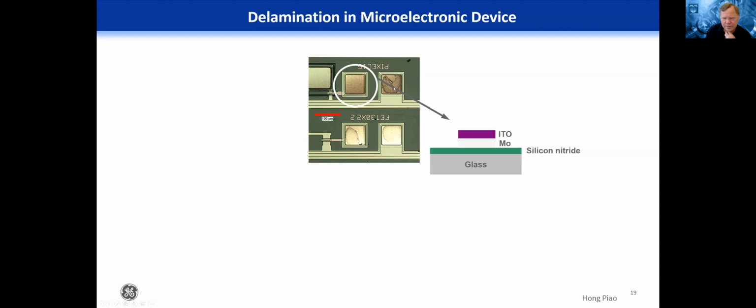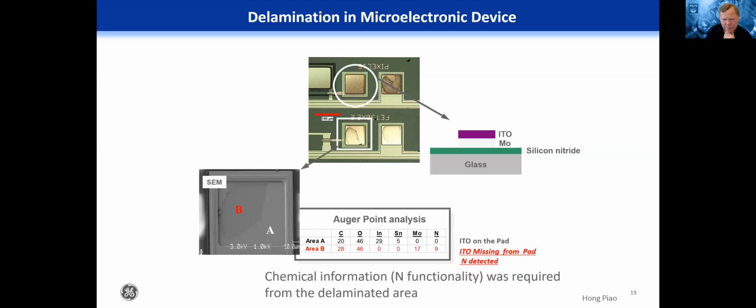As you could see, delamination was occurring in certain regions, so we needed to perform analysis. The sample went to Auger for a first screen, and by Auger, we could see the delaminated region. ITO is missing from the pad, and with ITO being missing, we're seeing the moly and the nitrogen, verifying the delamination area.